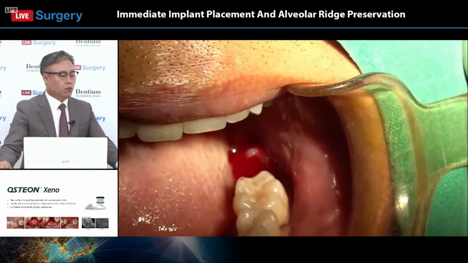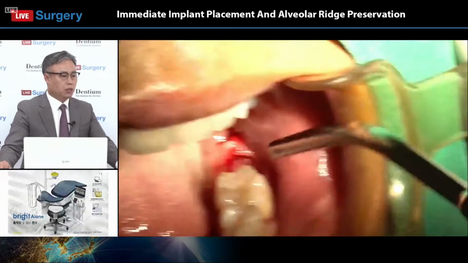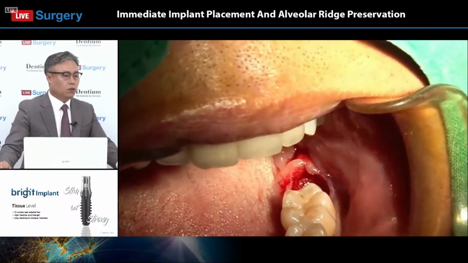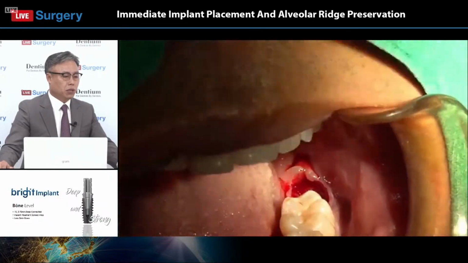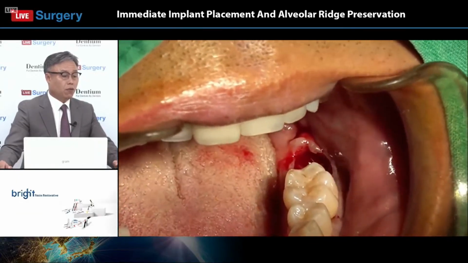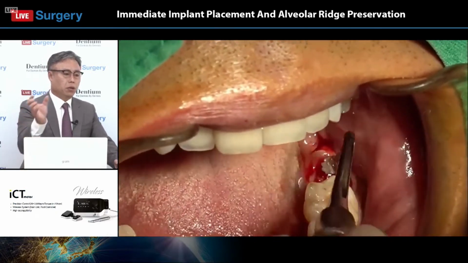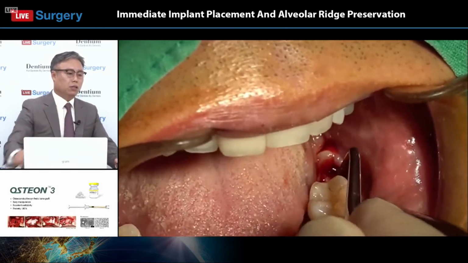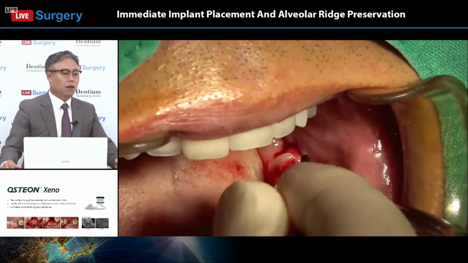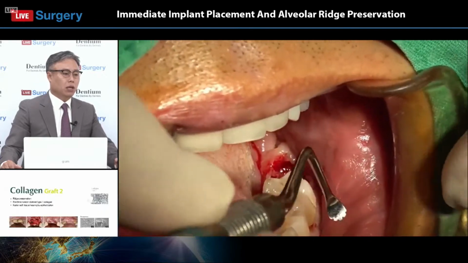When you extract the second molar, we have to be very careful to minimize fracture of the tooth. For a better result after ridge preservation, we have to minimize the damage of the extraction socket. Therefore, we have to gently hold the tooth with the forceps and move it to the buccal and lingual side to minimize fracture of the root. If the tooth fractures, I think damage to the extraction socket is inevitable.